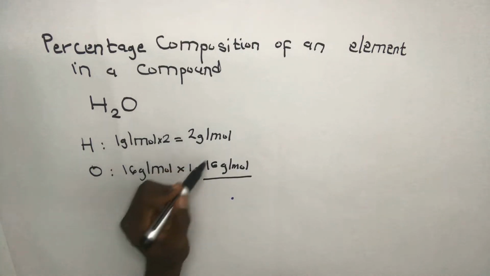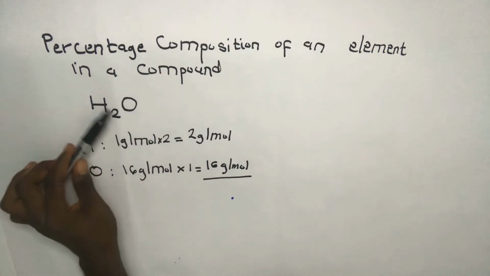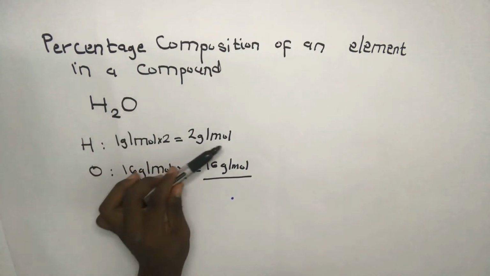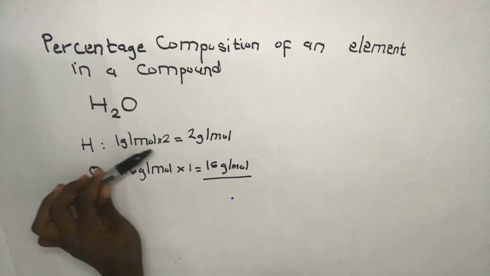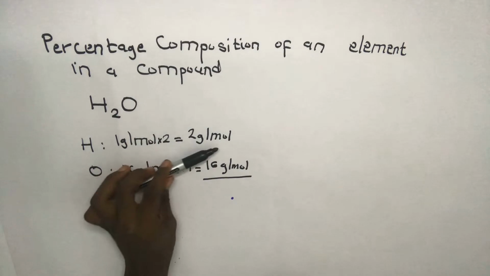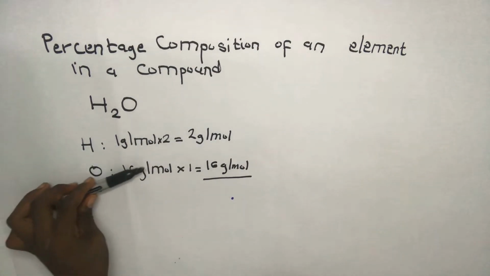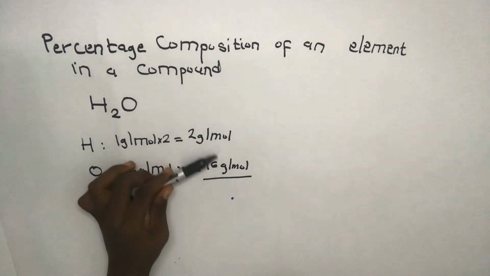In order to determine the relative molecular mass of this compound, we must sum the relative atomic mass of each element. The relative atomic mass of hydrogen in this compound is 2 grams per mole. The relative atomic mass of oxygen is 16 grams per mole.